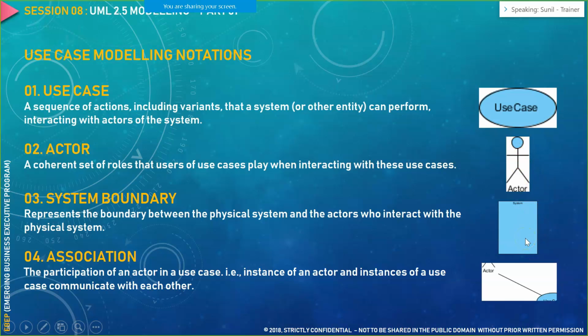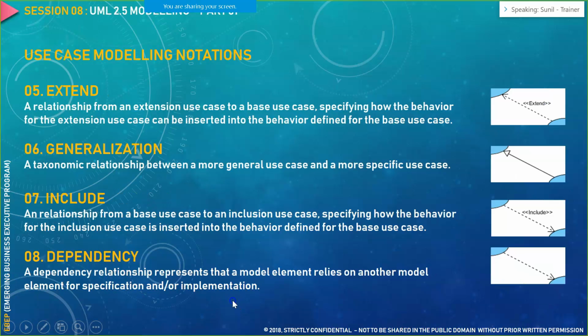So whatever functionality comes under your system's area would be modeled in a system boundary. Then comes an association. Every actor would be linked to a particular use case. They are associated with this simple plain line called association.